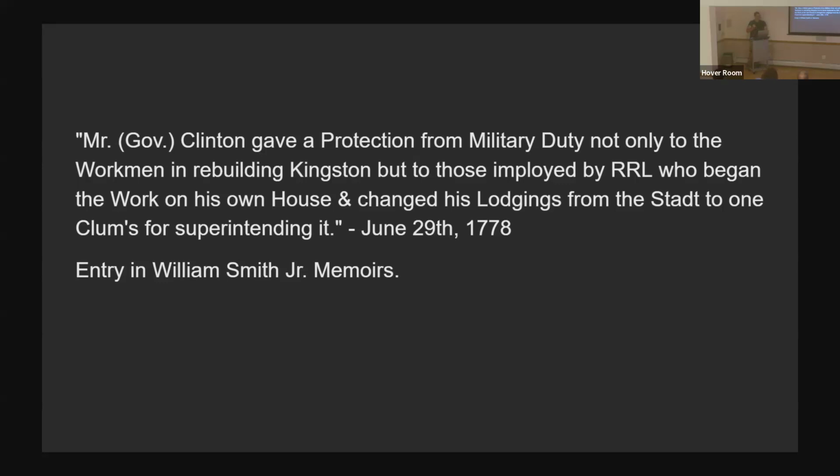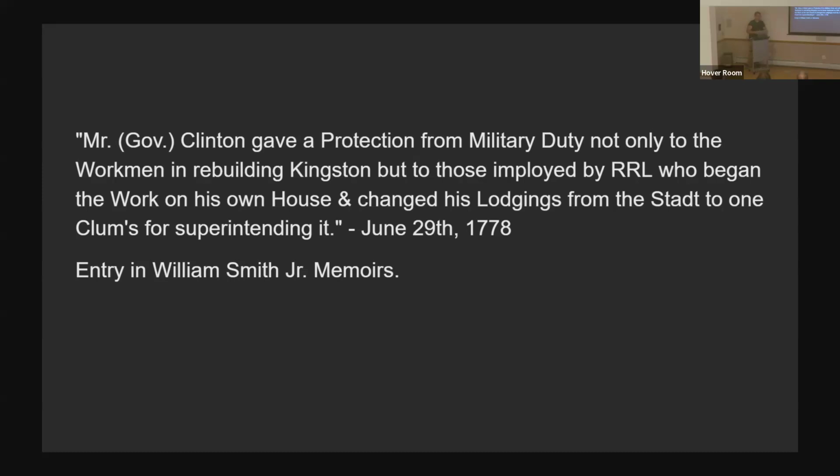And this is pretty noteworthy because it tells us that Chancellor Robert Livingston, in the winter of 1777 going into 1778, was staying with his cousins in Linlithgo during the winter of '77, '78. And then he moves down to take lodgings with one of the Clum families.